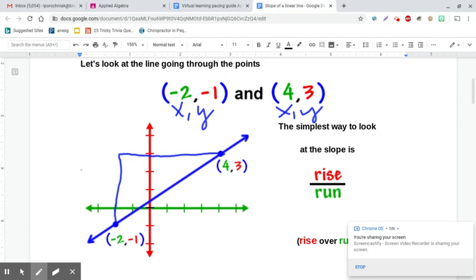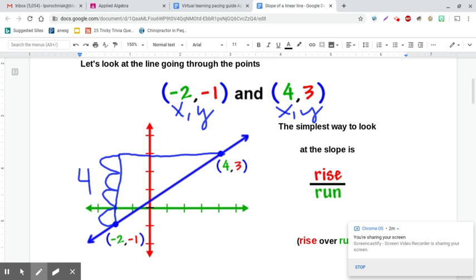So let's count. This is 1, 2, 3, 4. So 4 points up. 1, 2, 3, 4. Why does that not look right? No, it is right. Sorry, guys.